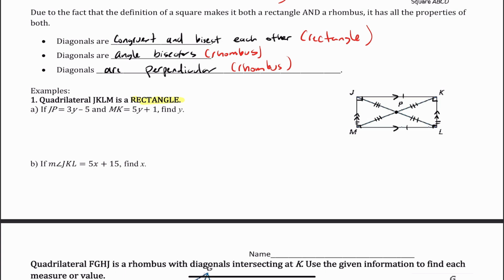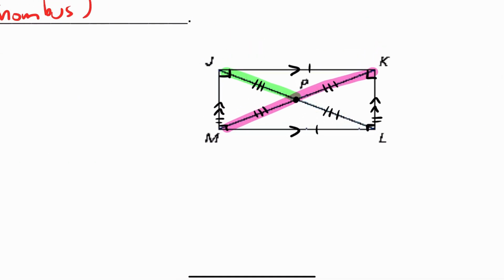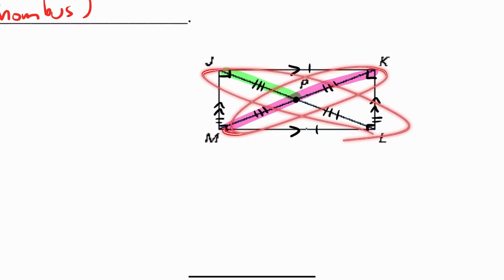Okay? All right, so if JP is 3y minus 5 and MK is 5y plus 1, we need to find y. JP is 3y minus 5 and MK is 5y plus 1. Find the value of y. So what is the equation going to look like in order for me to find the value of y? Well, remember, we have a rectangle, and we're dealing with diagonals, right?